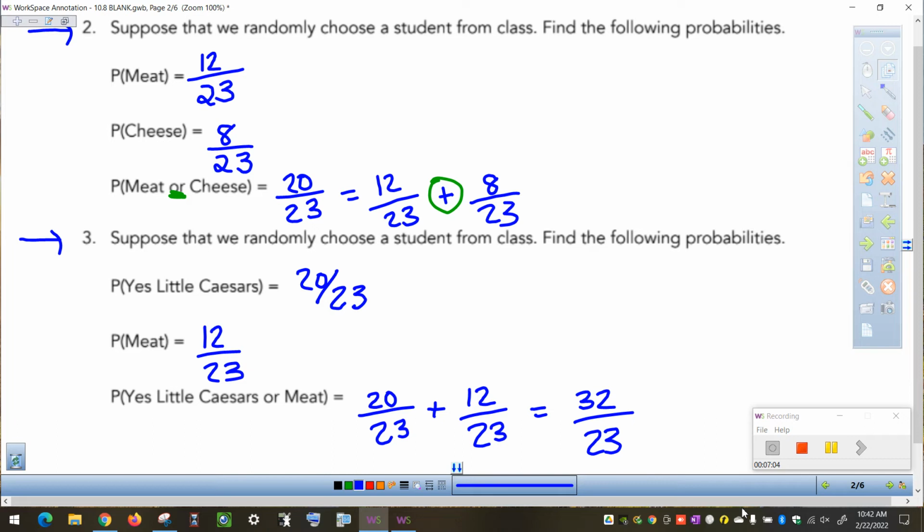So we're going to try the standing again. So I'm going to ask the first group here, students who said yes to Little Caesars. I'm going to have all of those students stand up, which I know is almost all of you because 20 people said yes, Little Caesars. And I want everybody to just kind of take a careful look around the room. Let's see who's standing.